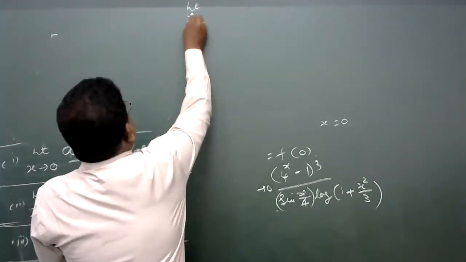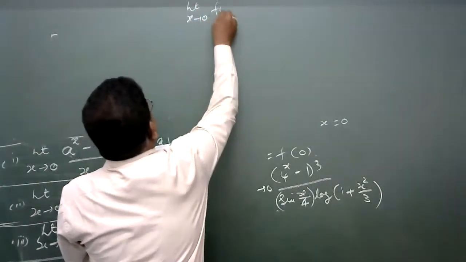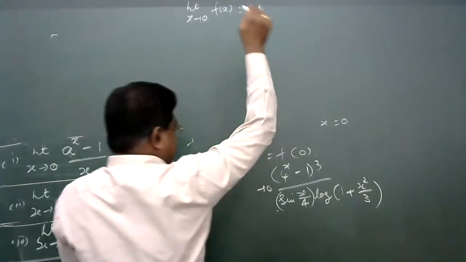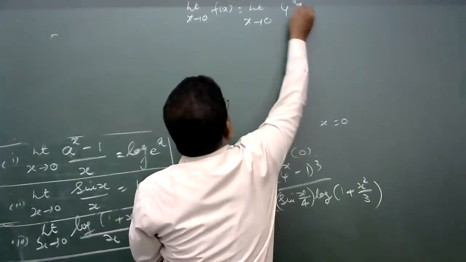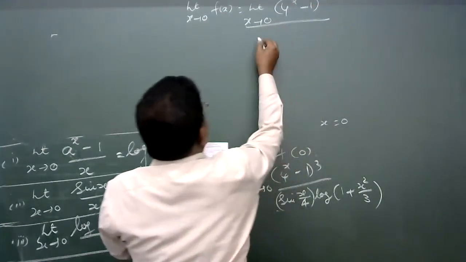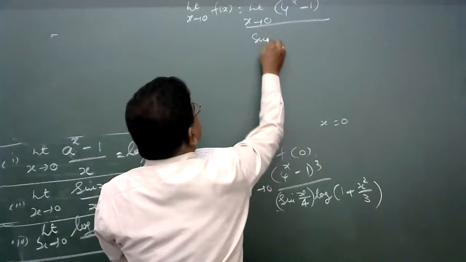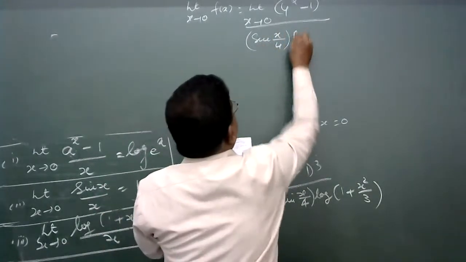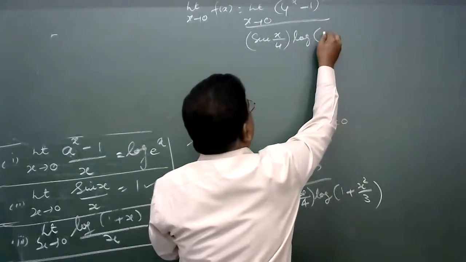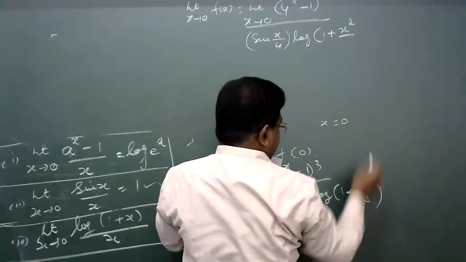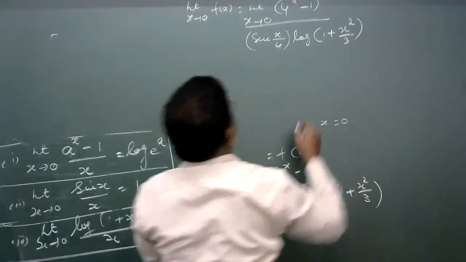Yes, the limit as x tends to 0 of f of x is equal to the limit as x tends to 0 of (4 to the power x minus 1) whole to the power 3, the whole upon sine of x by 4 into log of 1 plus x squared upon 3.